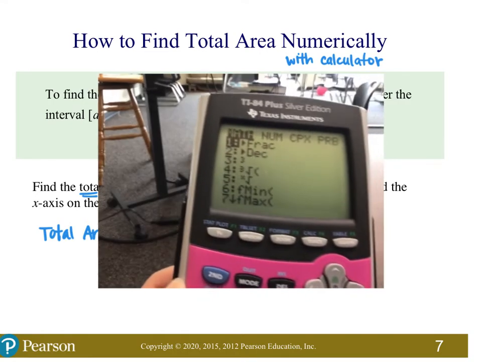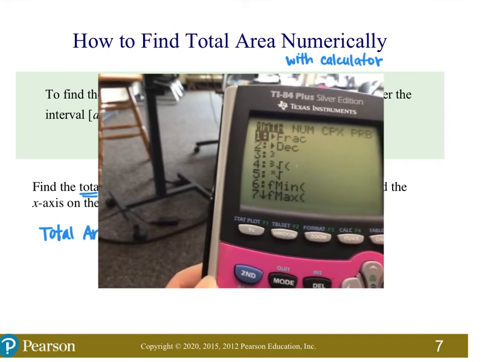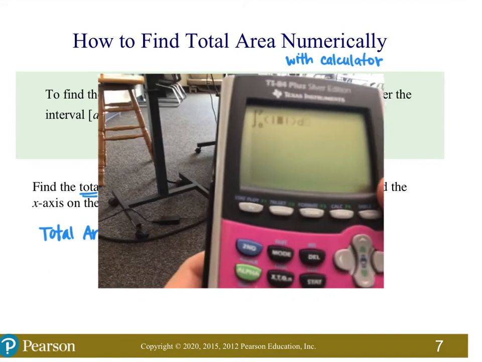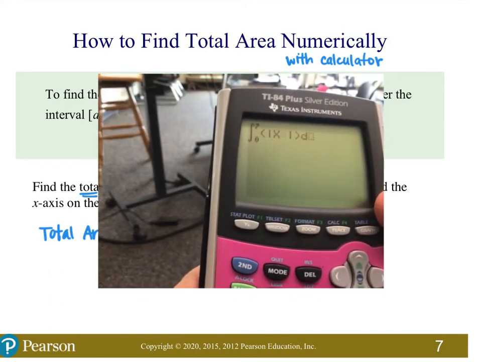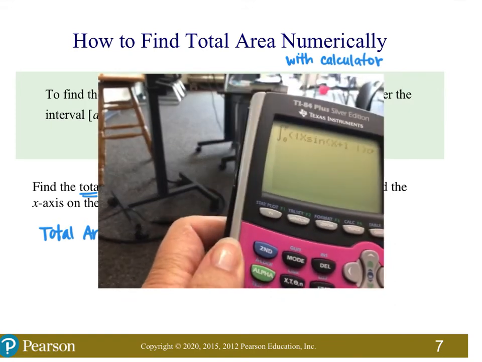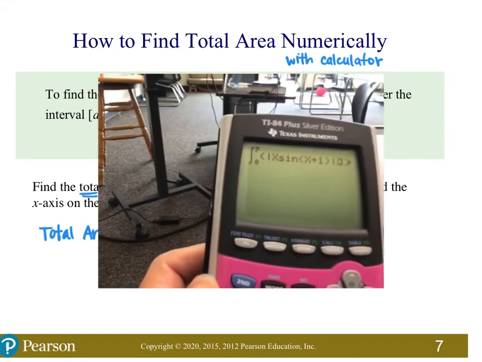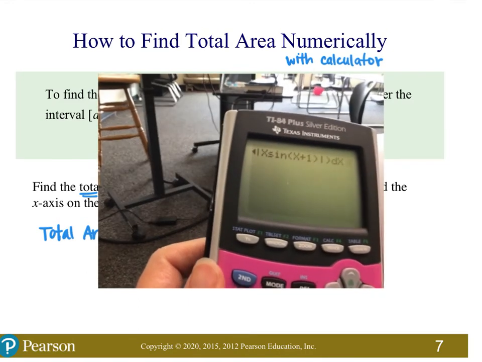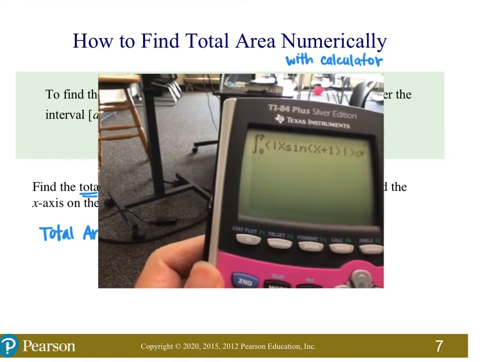They're over to the number menu. So you're going to go over to that, and the absolute value is your first choice. And then I'm going to put in x, and then the sine of x plus 1. And that will put those in the absolute value for me. And I'll go over to my dx, and then I'll hit enter, and I will evaluate that.